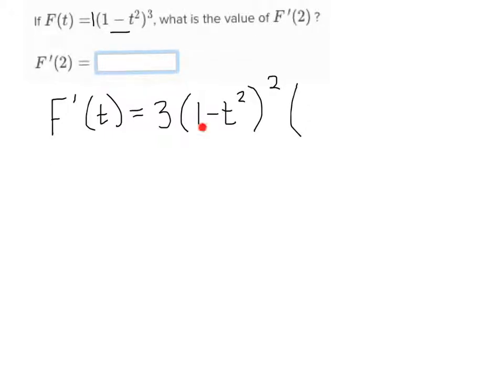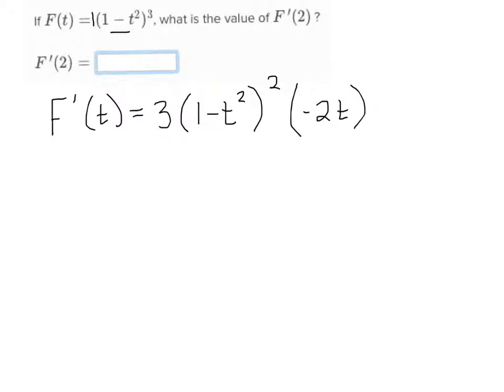I look only at the inside and ask, what is the derivative of this? Well, it's just negative 2t. So now that's the derivative, and it's not even necessary that we simplify this function. We just need to evaluate it at 2. So everywhere I see a t, I'm going to put a 2 in its place.